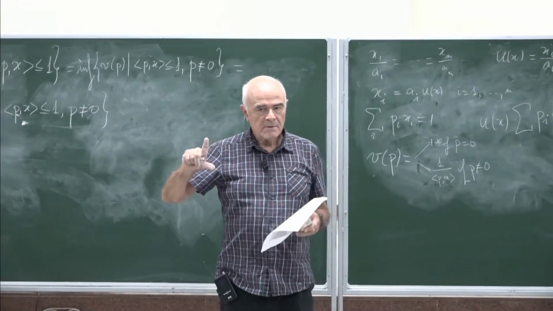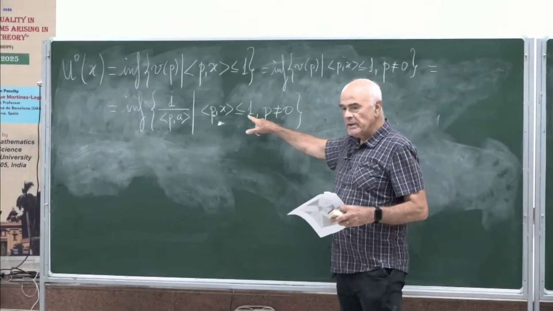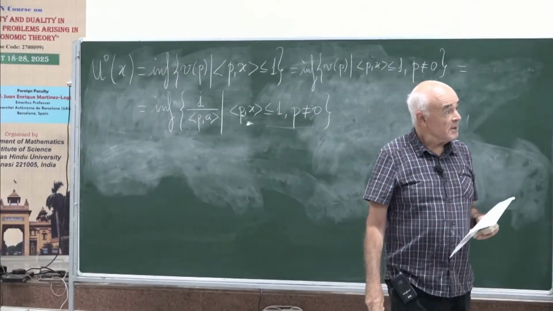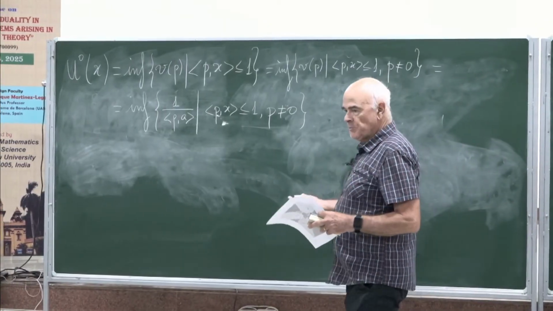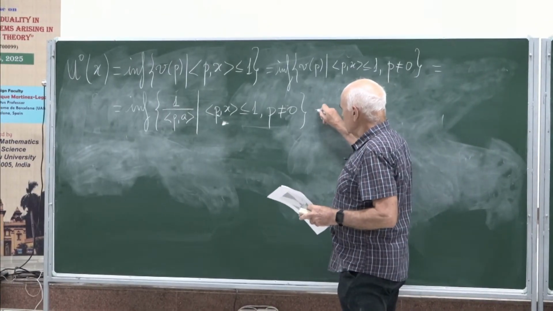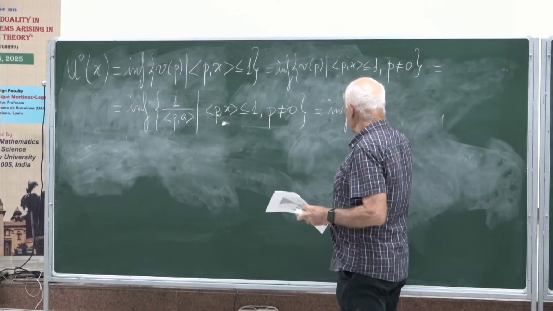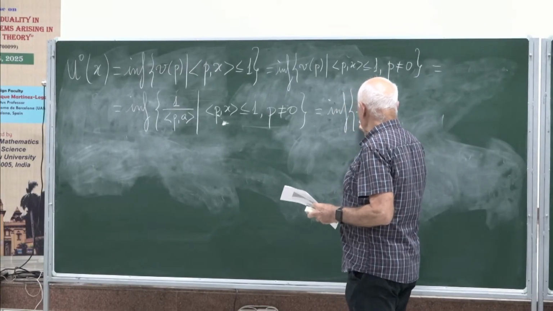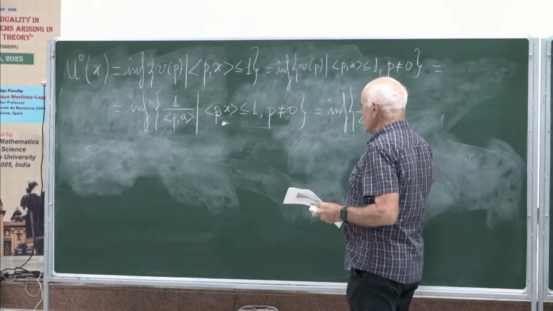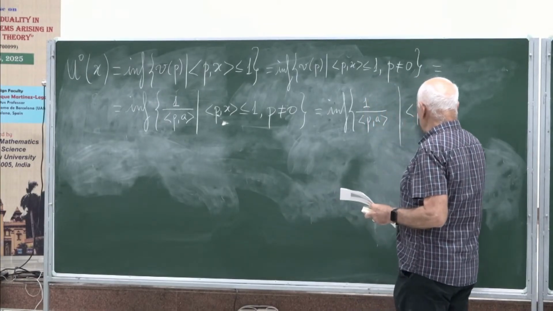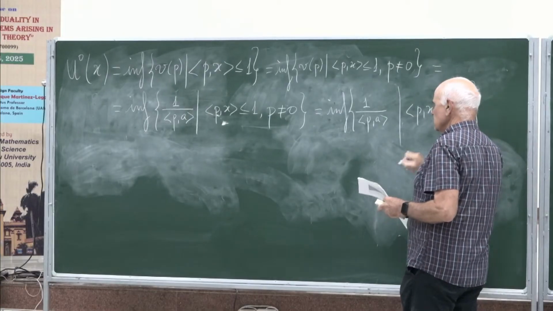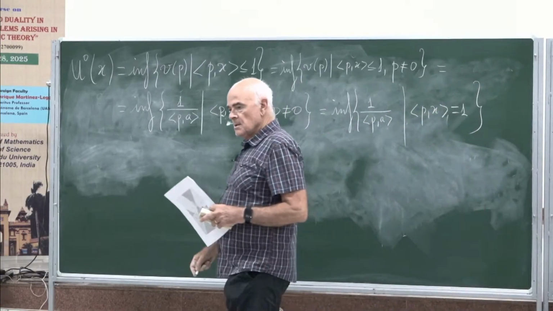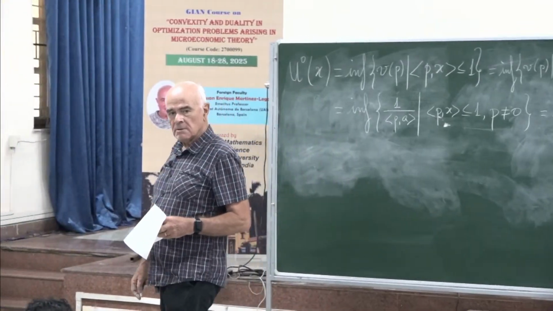So if the inequality is satisfied non-strictly, then it cannot be optimal. So I impose the extra constraint that px is equal to 1, and nothing changes.